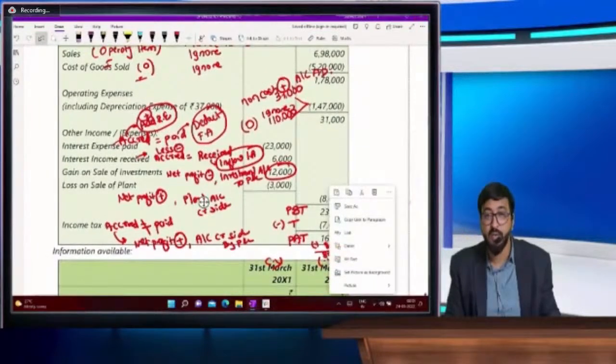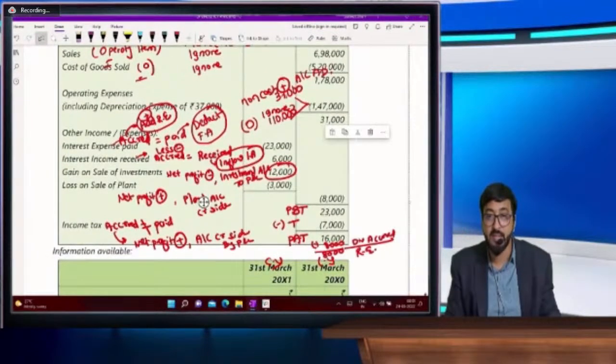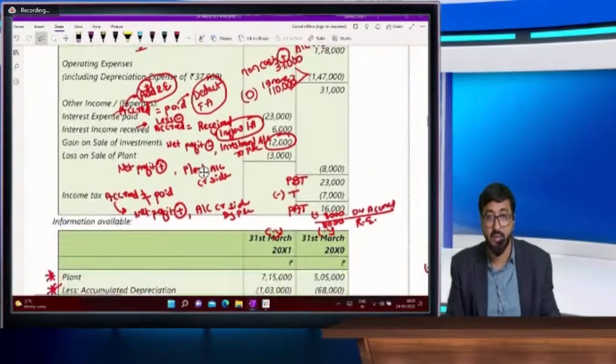Gain on sale of investment, net profit less and investment account credit side. Loss on sale of investment, net profit add and plant account credit side by loss. Income tax, net profit add and income tax account we have to open as it is not equal to paid. And last one is dividend accrued. Dividend accrued here is 8,000. Remember.